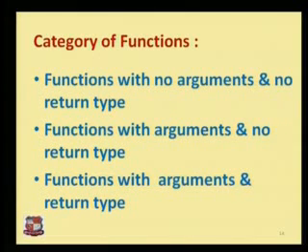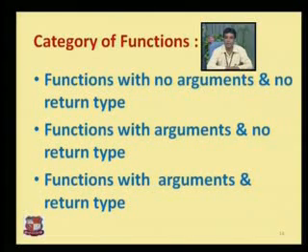Then the function with arguments and no return type: we can define many arguments in that function, but still it is not returning any value. So we have to print that particular output in the definition of the function itself. Then the function with arguments and return type. We have to define the arguments and we can define the return type.